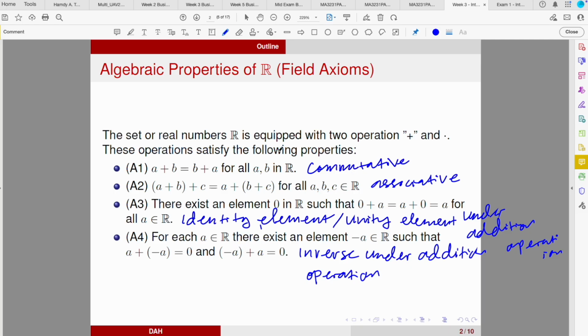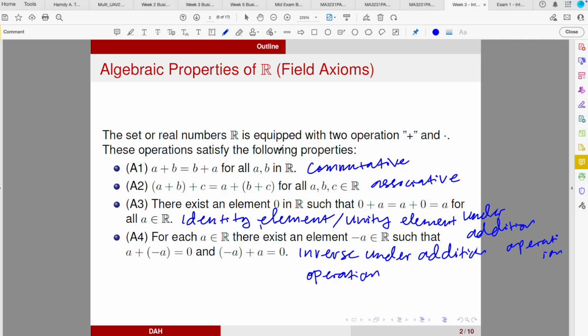You will see those different properties in linear algebra, because you are dealing with vector spaces. But here we focus on real numbers. So, commutative, associative, identity element, and then inverse under addition operation.